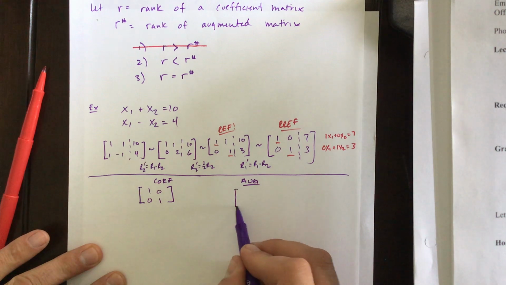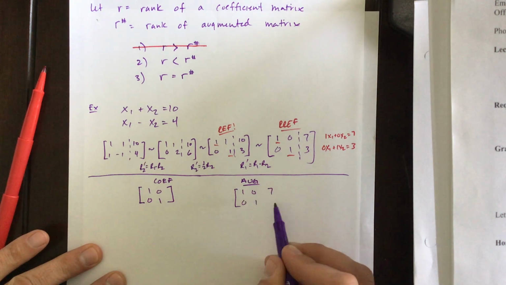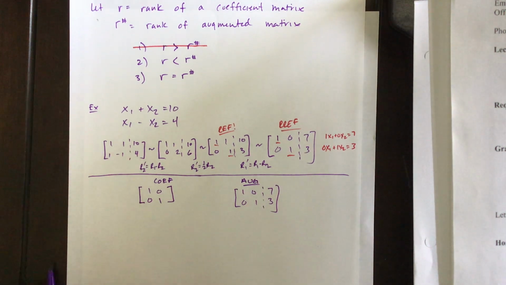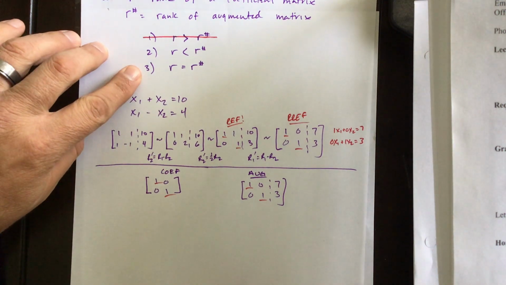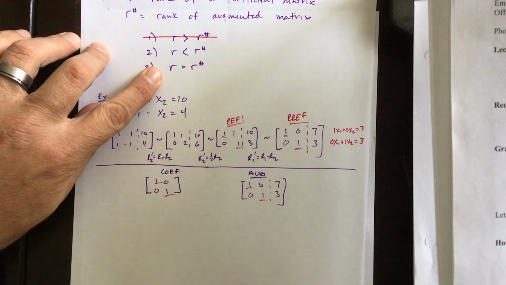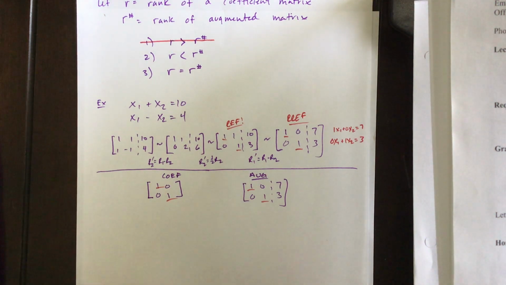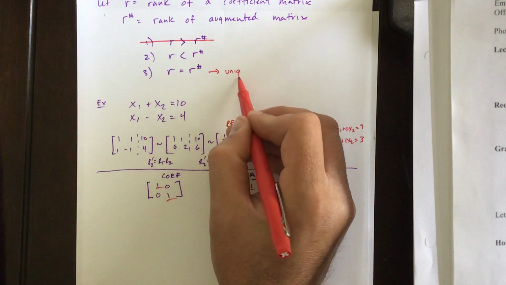The augmented matrix was 1, 0, 7, 0, 1, 3. So you can see that the two pivots that were in the coefficient matrix are present in the augmented matrix. So we fall under condition number 3, where R equals R-prime. So under that circumstance, you do have the potential of having a unique solution.